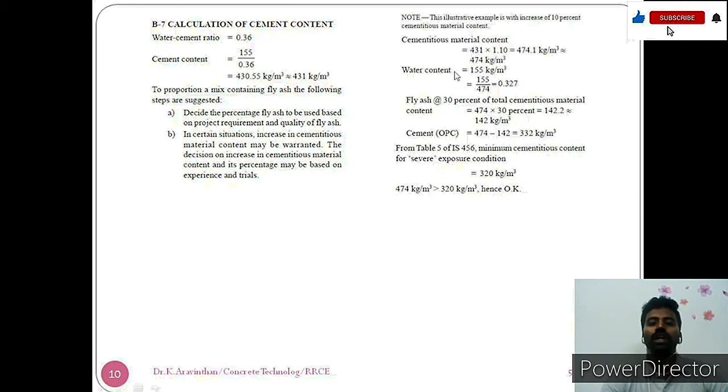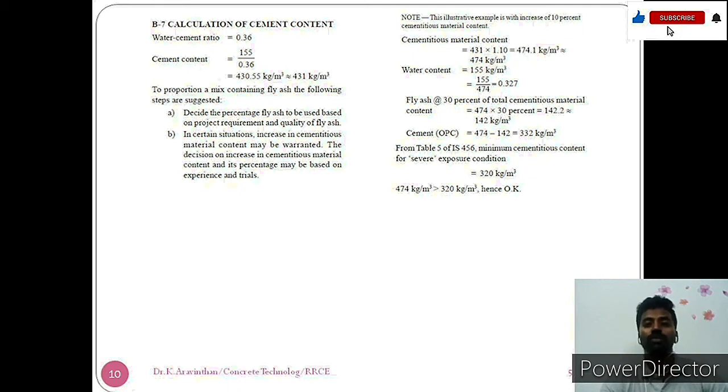Here you should note that you are introducing fly ash. Fly ash has calcium and cementitious property inside the mineral. So that is why we have to add 10% of cementitious material content if you are introducing a mineral admixture.